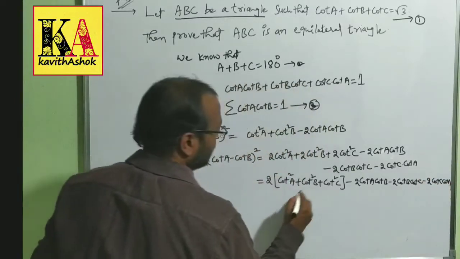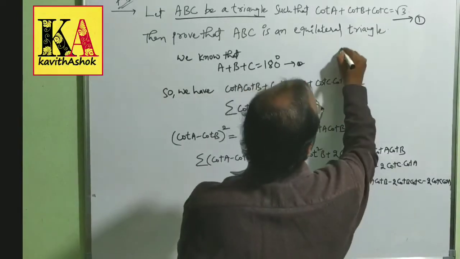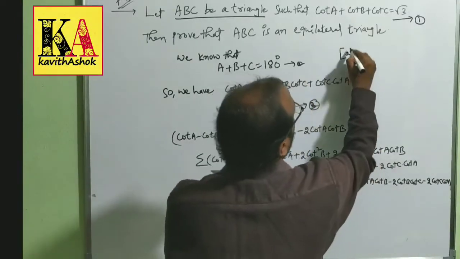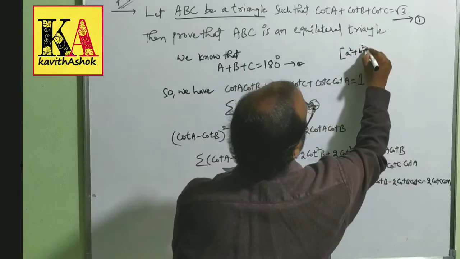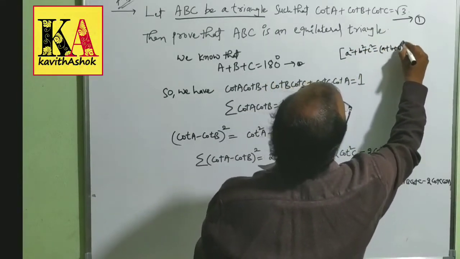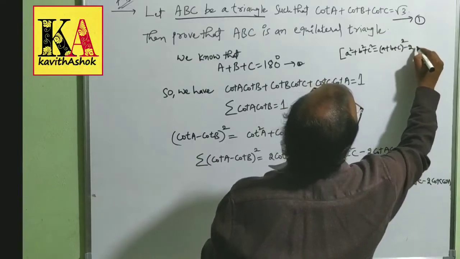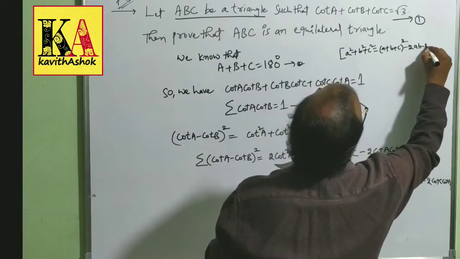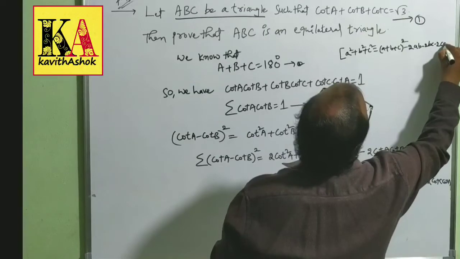Now this is in the form of a square plus b square plus c square. We can write this as a plus b plus c whole square minus 2ab minus 2bc minus 2ca form.